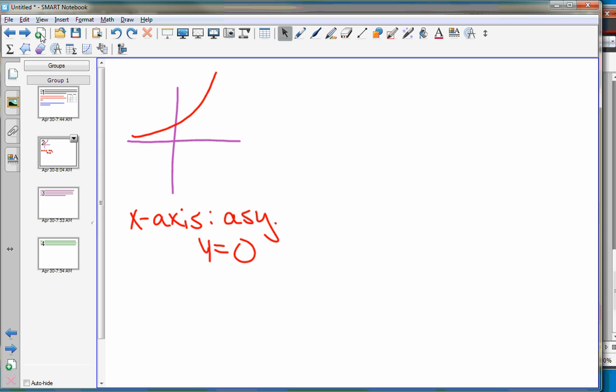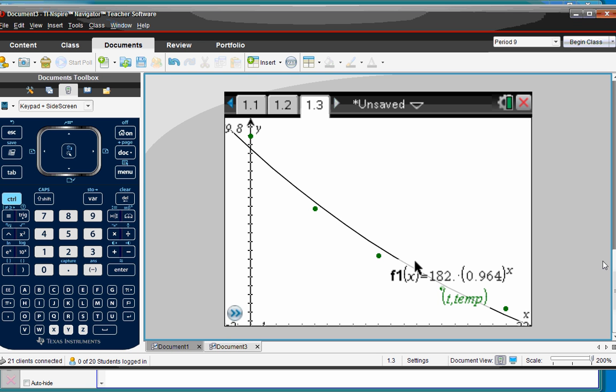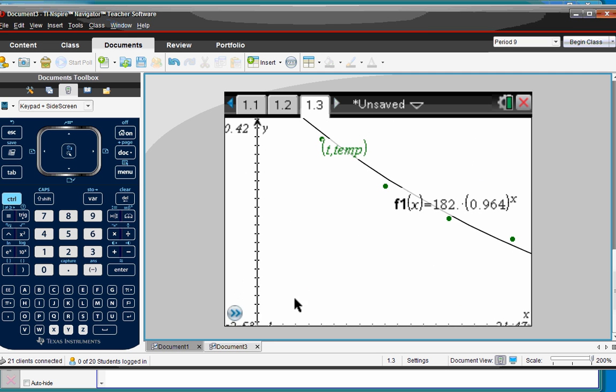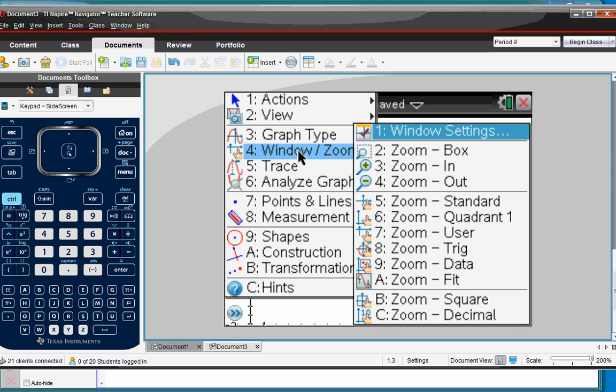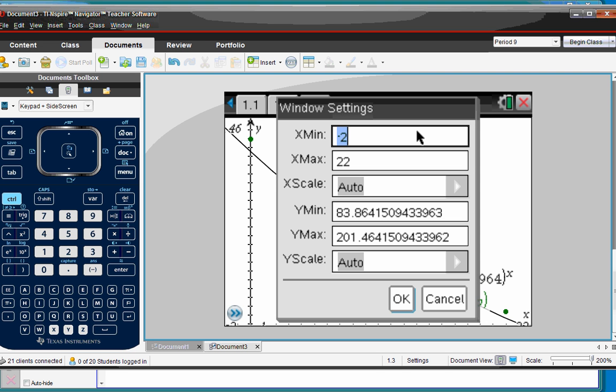So if 0 degrees is freezing temperature, here's what I want to do. I want to go back to this. And if I pull this up, menu, window zoom, window settings, see how my Y minimum is at 83 degrees?